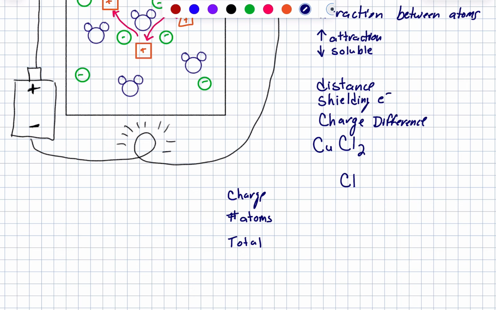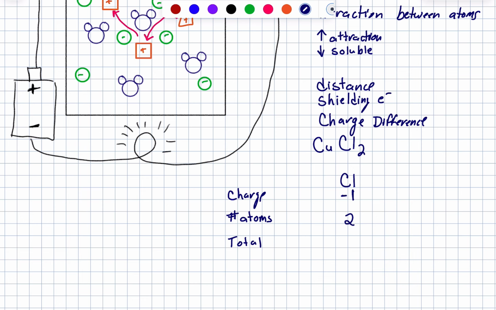So here I have chlorine, and when I look at the periodic table, chlorine has 7 valence electrons, so it's going to form a -1 charge. It's going to form an attraction with 1 electron to have a complete shell. In my formula, I have 2 atoms of chlorine.